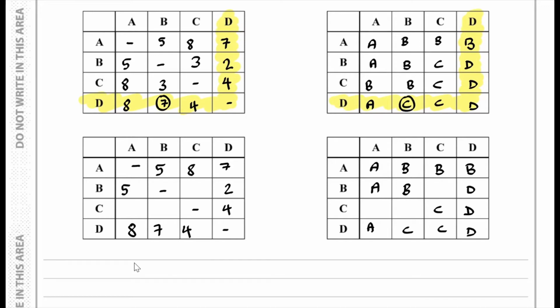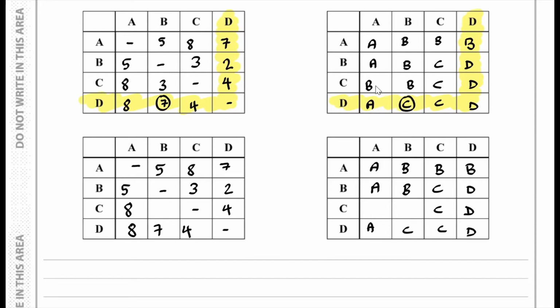We still have A. For the element BC, we compare this 3 with 4 plus 2, so we compare 3 with 5, 3 smaller, so we still have 3 over here. The letter still remains the same as C. For the element CA, we compare this 8 with 8 plus 4, so we compare 8 with 12, 8 smaller, so we still have this 8 over here.